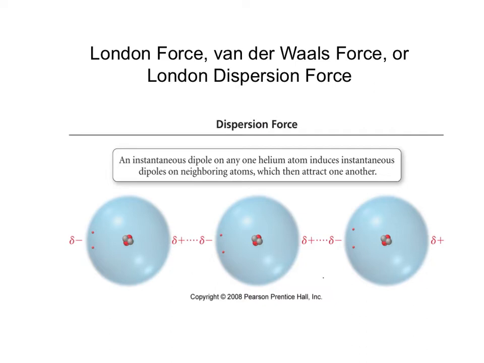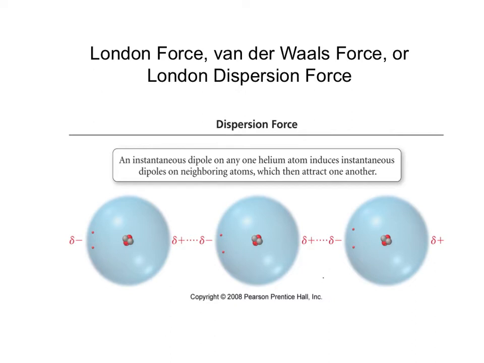You have a simple idea here, simple model. This atom has 2 protons and 2 neutrons and 2 electrons, so that's going to be helium-4. So helium-4 is non-polar. All atoms are by themselves. And you can think about this cloud of electrons that surround the nucleus.